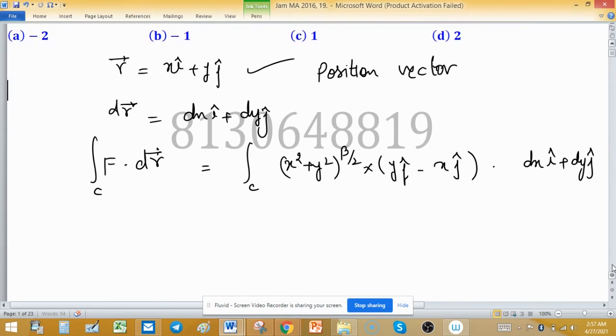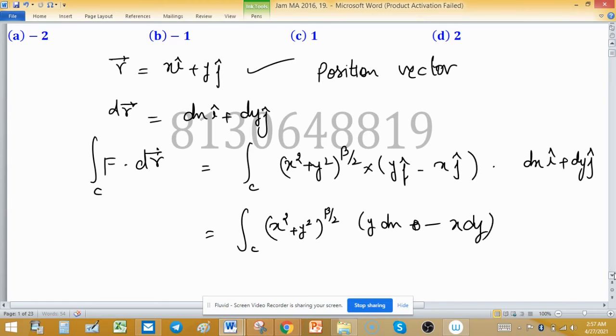In the dot product we can solve easily. This is x square plus y square raised to the power beta by 2, and this will become y dx minus x dy.